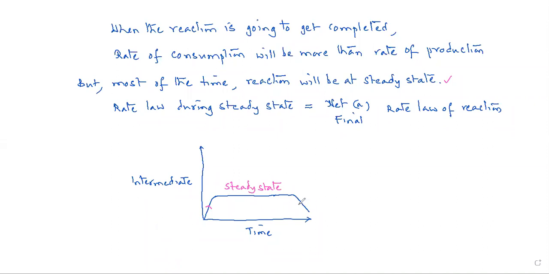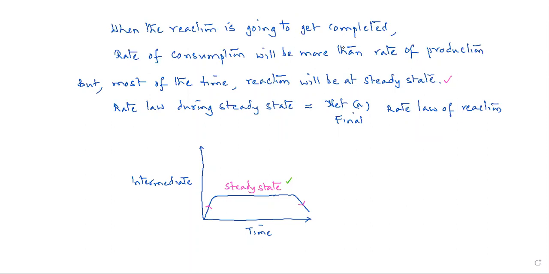And then, this is how it goes on decreasing. But most of the time it is at steady state. So the rate law or even the order of the reaction are given from the rate law of this steady state.